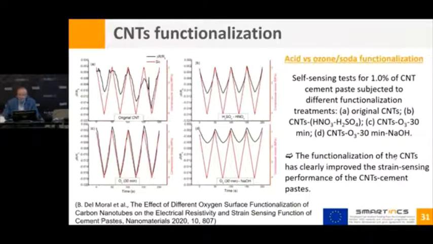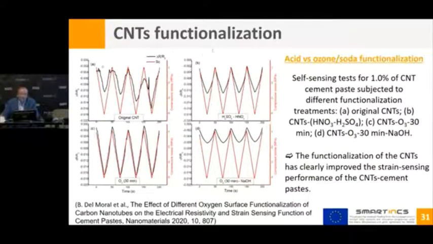But they also used the materials they produced as self-sensing, for obtaining self-sensing cementitious materials. And for example, if you compare the response of the system which contains carbon nanotubes but non-functionalized, as you can see, you have here in red the repetitive compressive stresses that the sample had to withstand during the test.